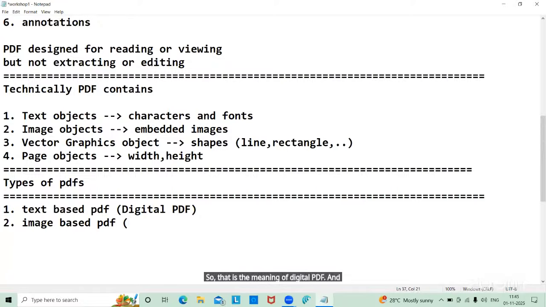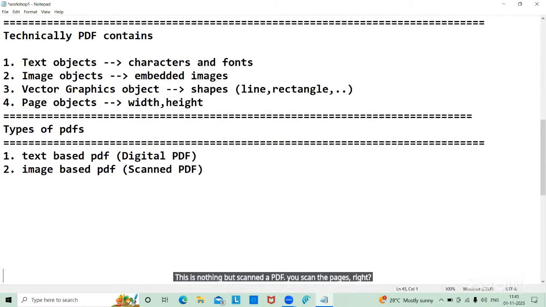And the image-based PDF is one which is scanned, using a scanner. This is nothing but a scanned PDF. You scan the pages, you scan the book.